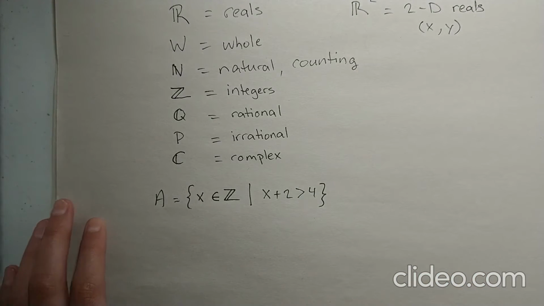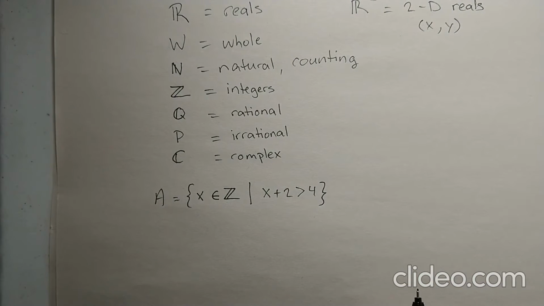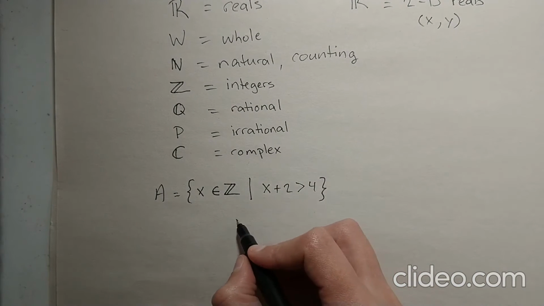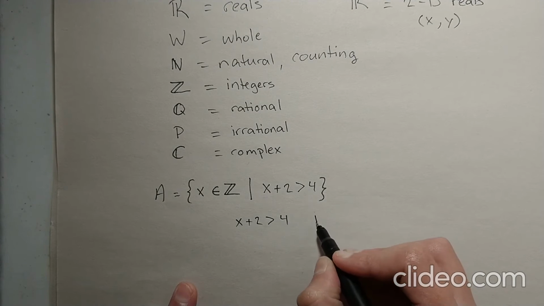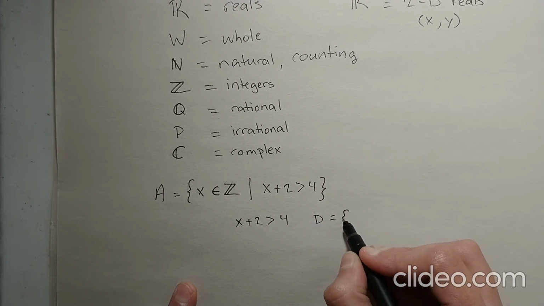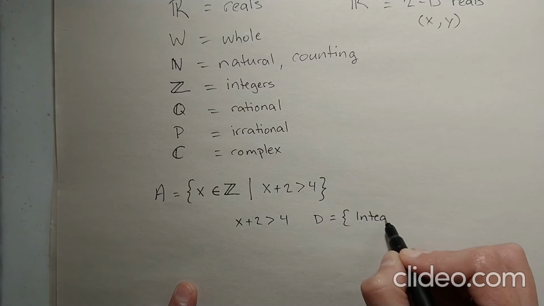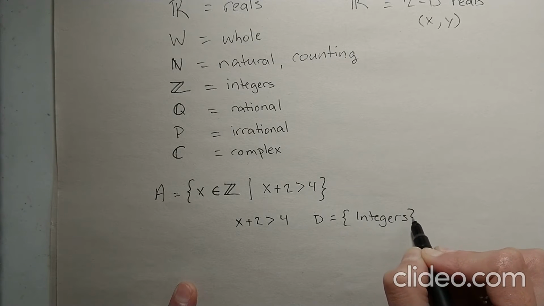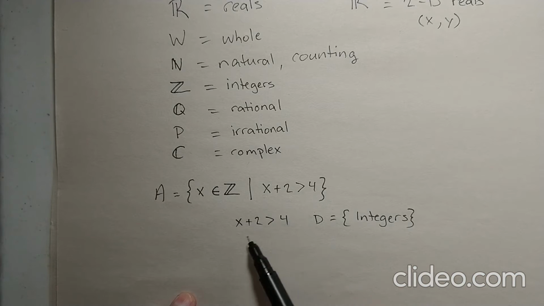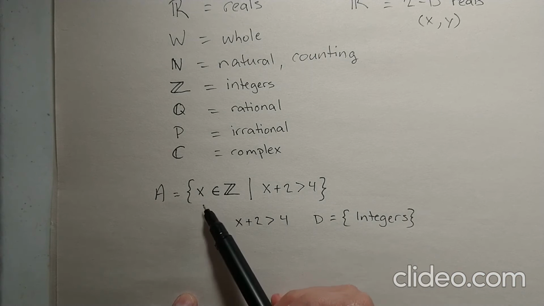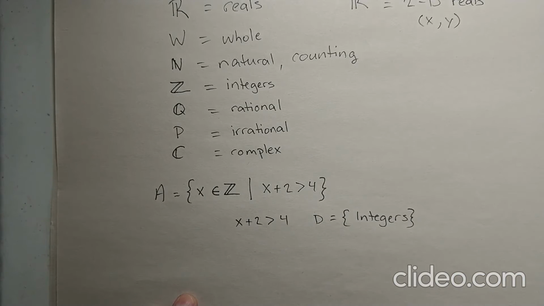So this is just going to mean the same thing as saying X plus 2 greater than 4, domain is integers. This is probably a more concise way of writing this information, so we're going to use this now.